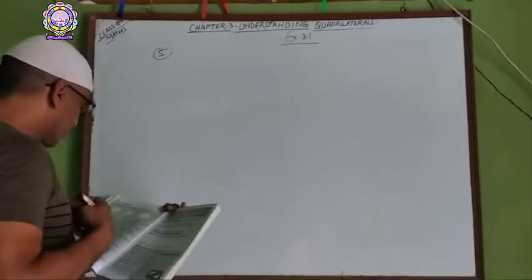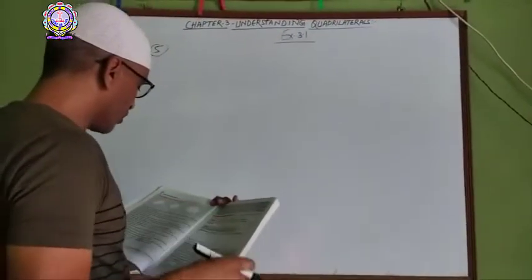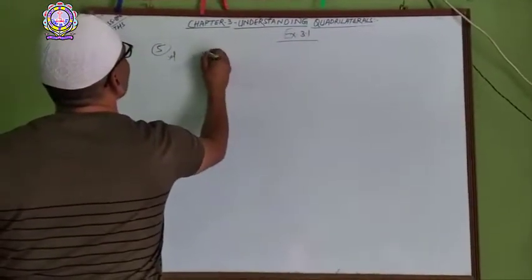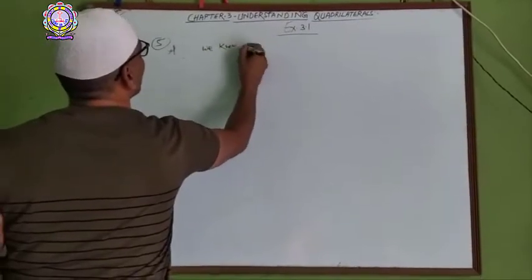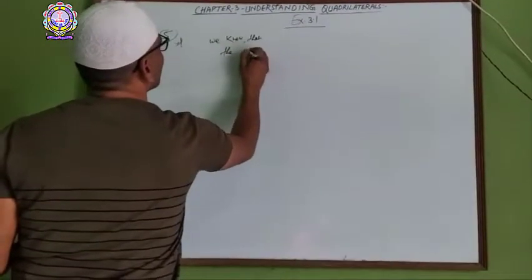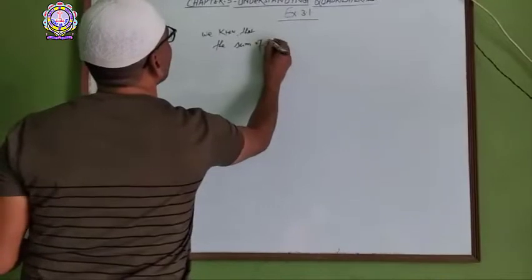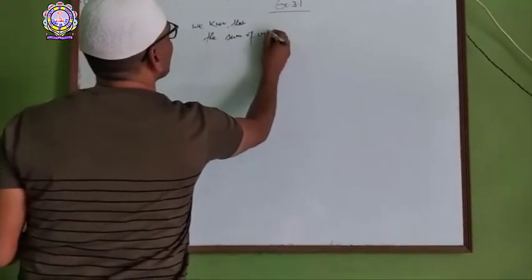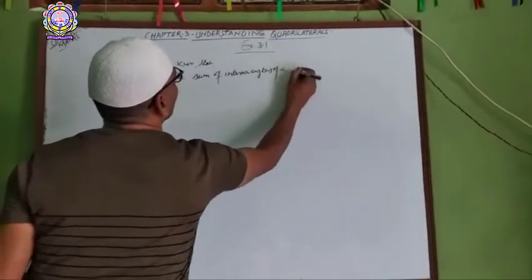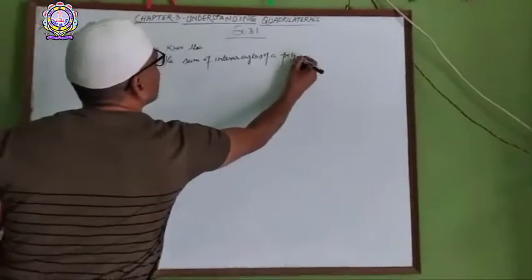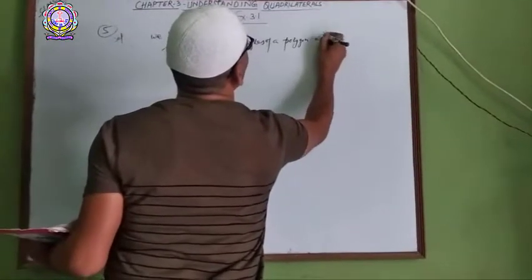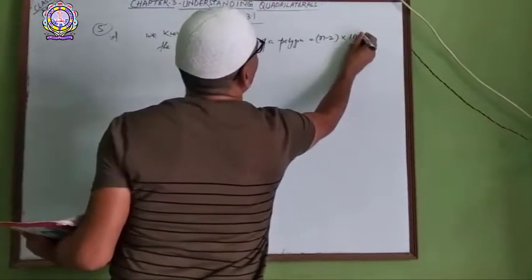Okay. We know that the sum of interior angles of a polygon is equal to (n minus 2) into 180 degrees.